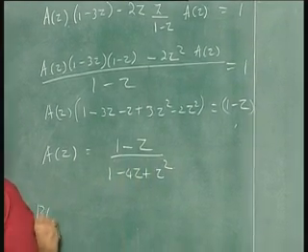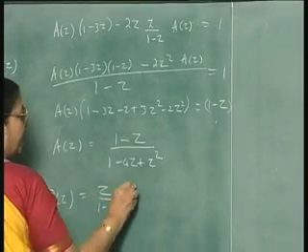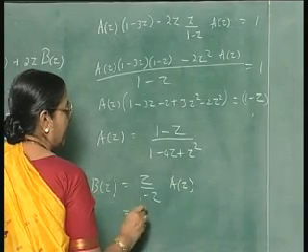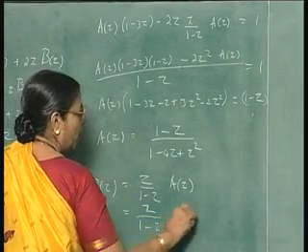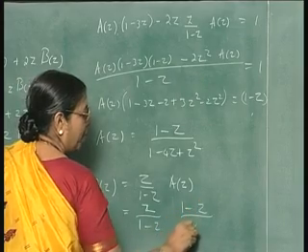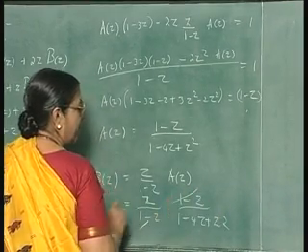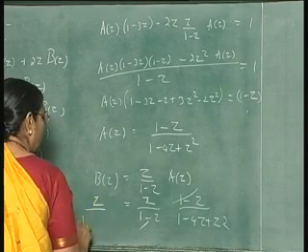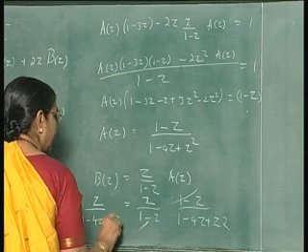and B(z) is z by 1 minus z A(z), that is z by 1 minus z into 1 minus z by 1 minus 4z plus z squared. This will get cancelled, and so you get this equal to z by 1 minus 4z plus z squared.